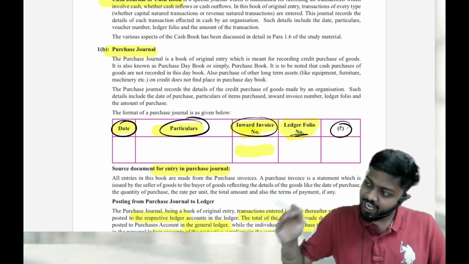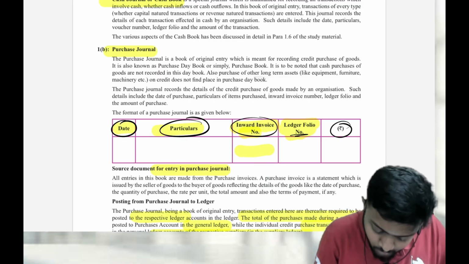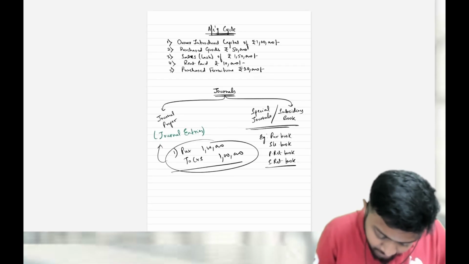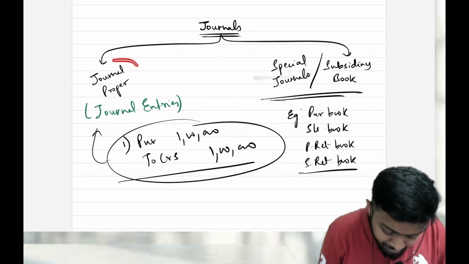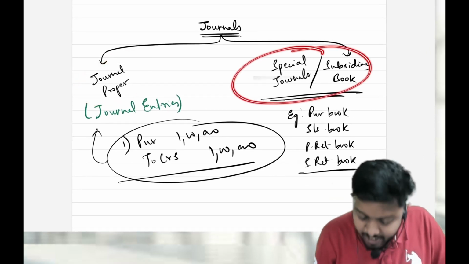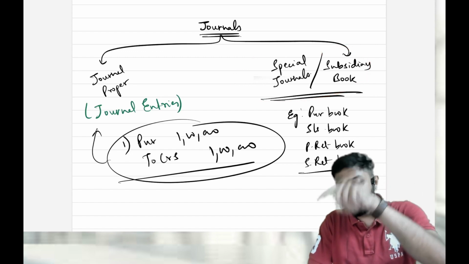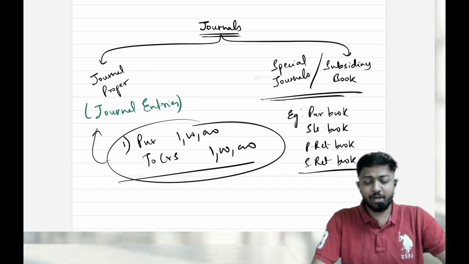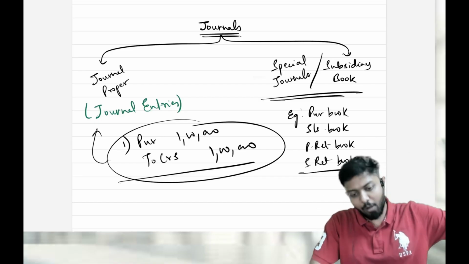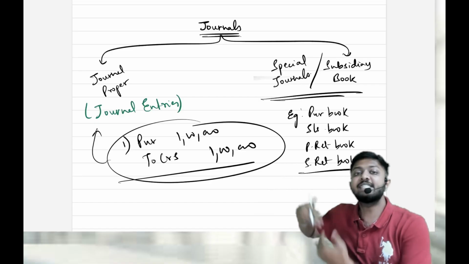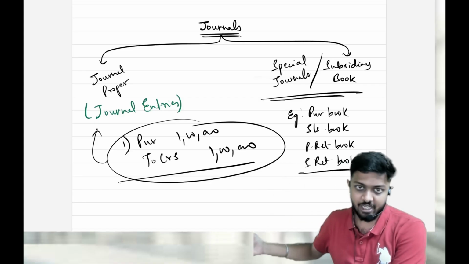So to confirm again, whenever a transaction happens, it can be recorded via journal proper or subsidiary books. If you record it via a subsidiary book, then it cannot come again in journal proper. If you cannot record a transaction in a subsidiary book, you have to record it via journal proper only, and then you can go to the second step, the ledger.